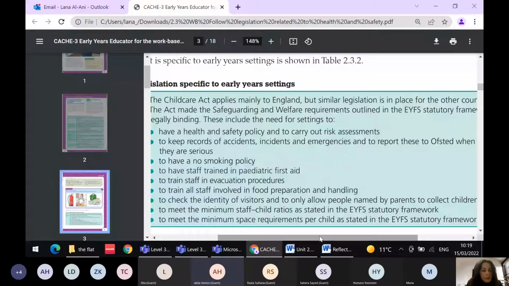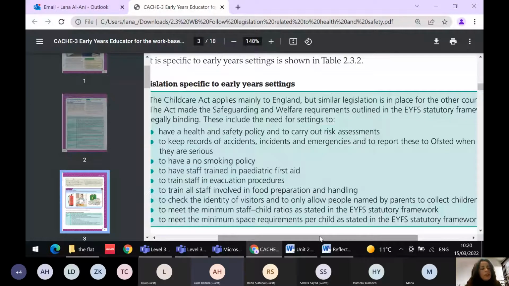And also the staff should be trained as pediatric first aiders, which is very important. The staff should all know the evacuation procedure, just in case there is an alarm and the manager is not there. So all the staff need to know the evacuation procedure.